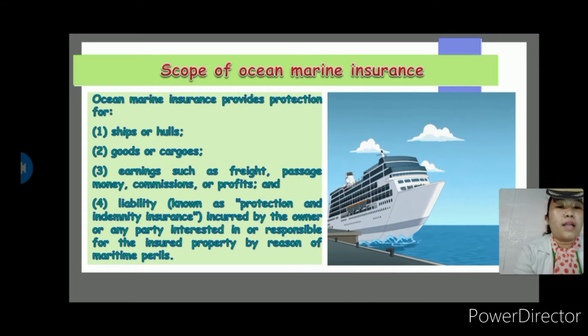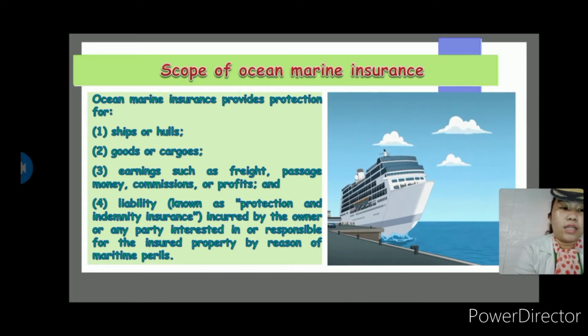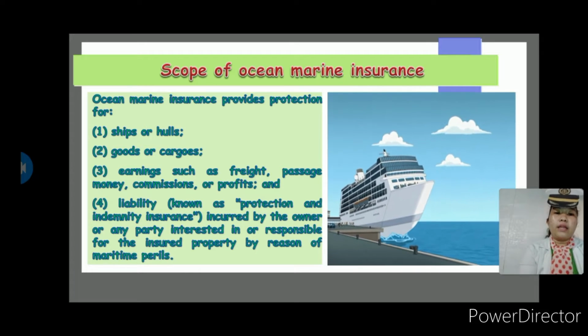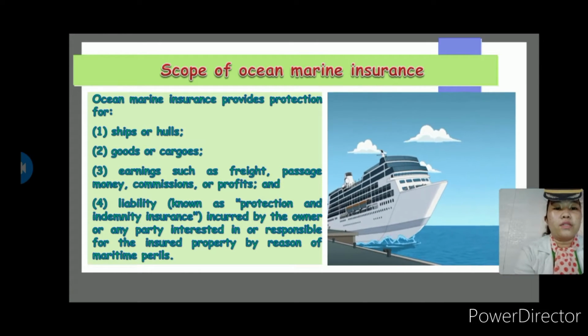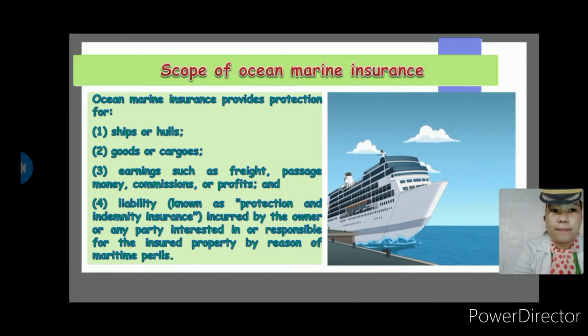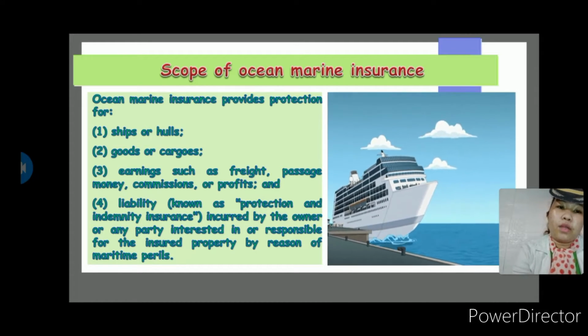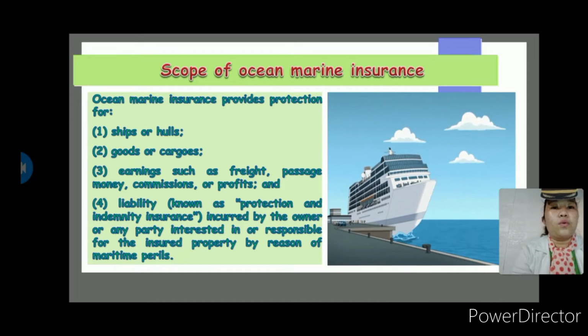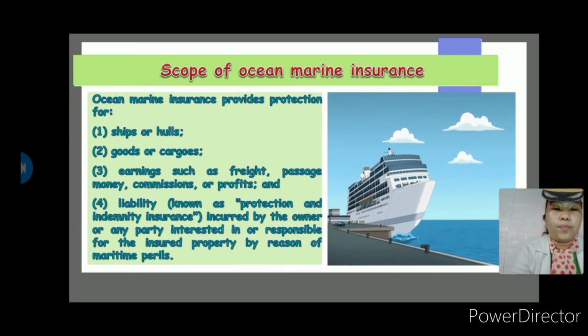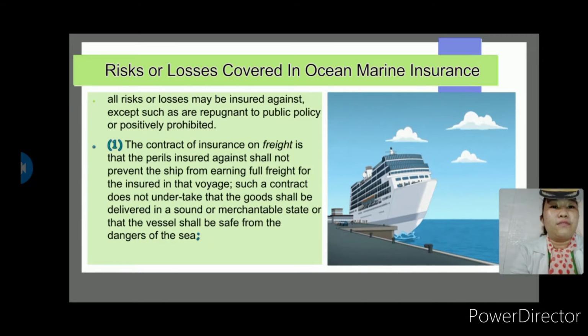And fourth is the liability, known as the protection and indemnity insurance, incurred by the owner or any party interested in or responsible for the insured property by reason of maritime peril. So in ocean marine insurance, it is only limited to these categories or scope. So there are only four identified.